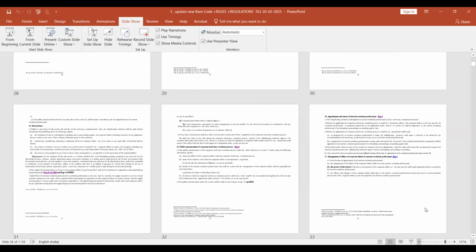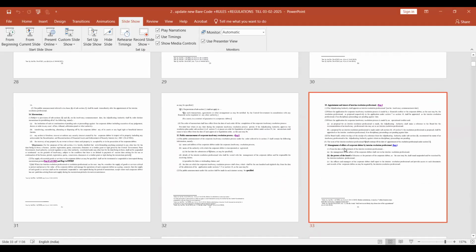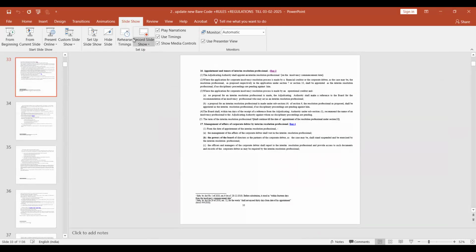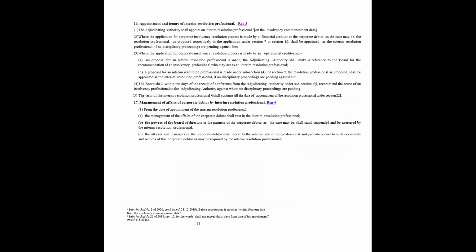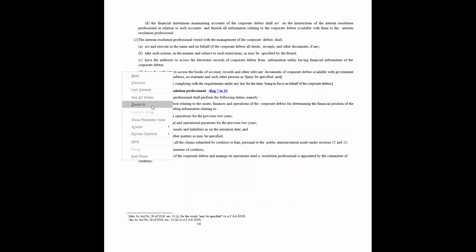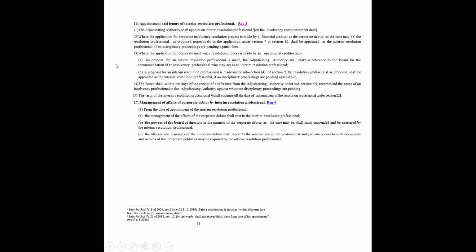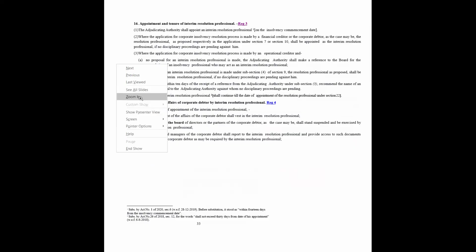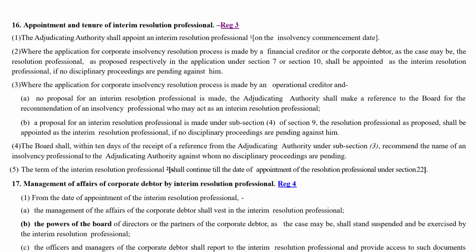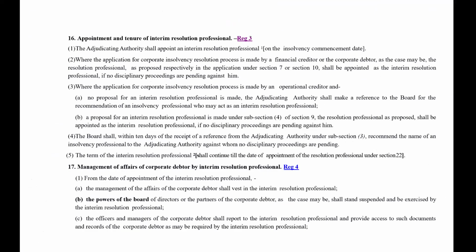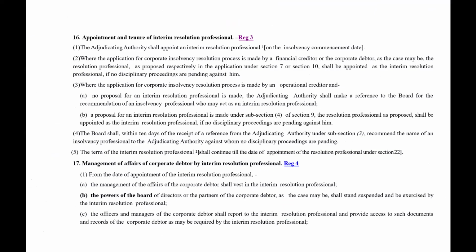Now let us see section 16. Let us read section 16. So what does section 16 say? Section 16 says appointment and tenure of the IRP. The adjudicating authority shall appoint an IRP on the insolvency commencement date, right?